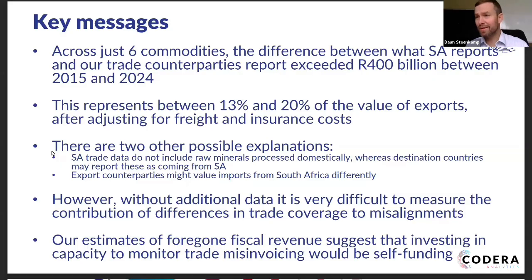There are two explanations beyond misinvoicing that could explain our findings. It could include the way that processed commodities are being recorded, their trade is being recorded. And it could also be the fact that imports from South Africa are valued differently by the counterparties that report that data.